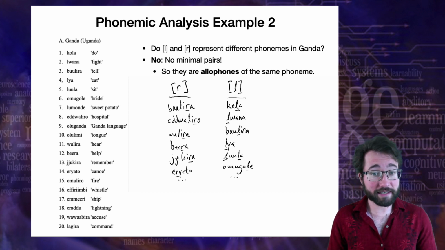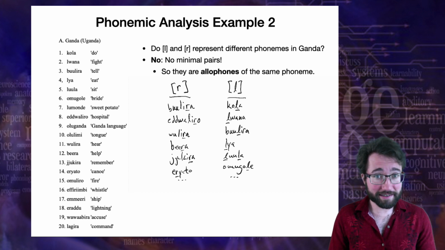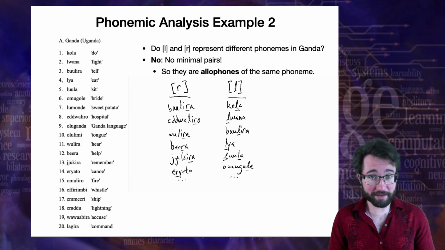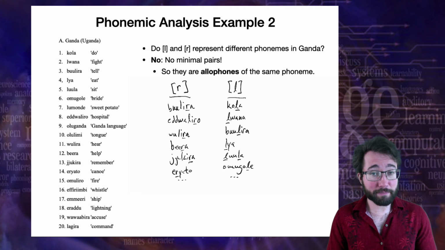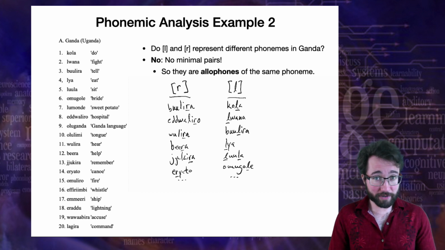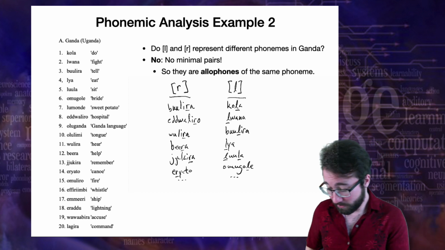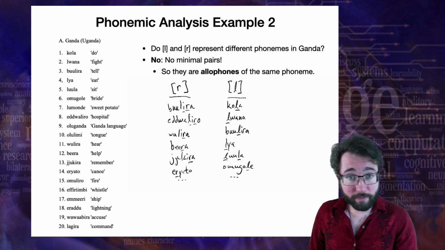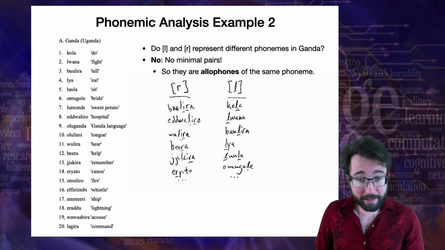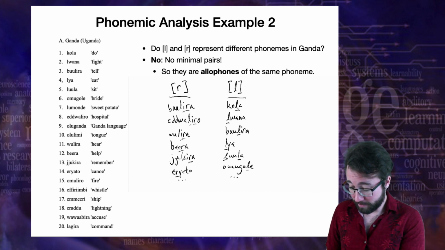So we have bulira, we have eddualiro, we have ulira. What is the common element here? These all appear after the sound E, which is the high front unrounded vowel. And if we look in the L column, we don't see any examples of L appearing after that vowel E. Then as we keep going down the R column, we have bera, a little different.